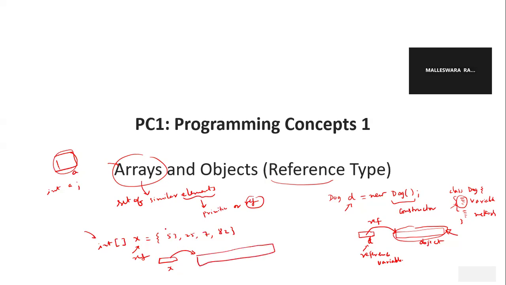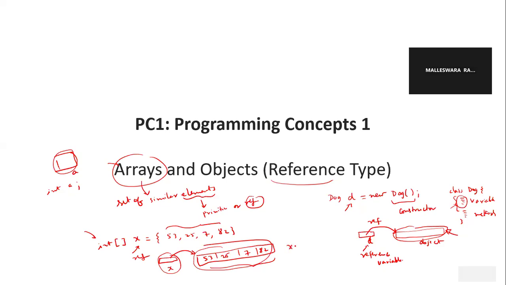So there are 4 integers here. The size of this is for the 4 integers, which means each integer is 4 bytes, 16 bytes put together. You can write 53, 25, 7, 82. The real integers are here, whereas x is referring to those integers.